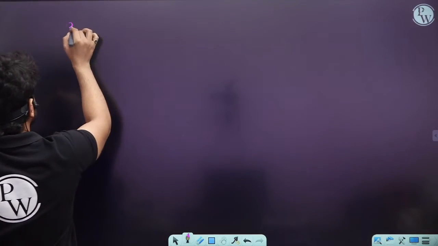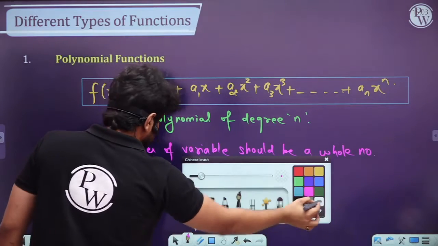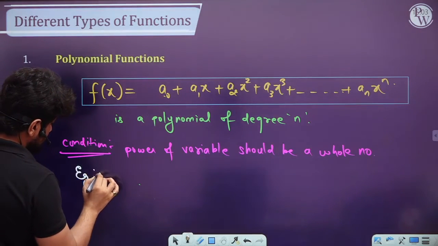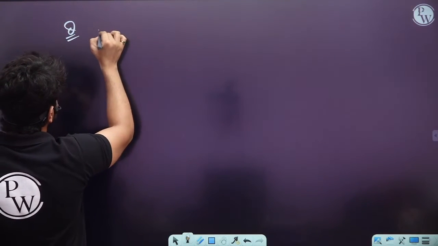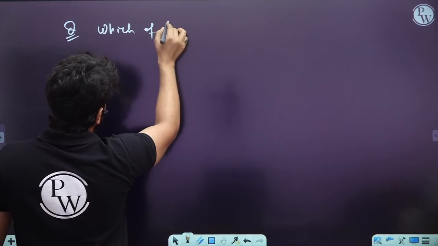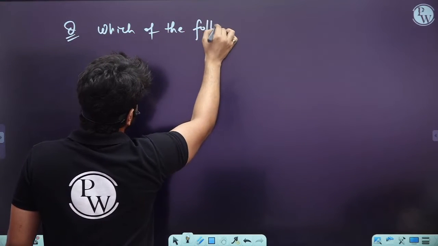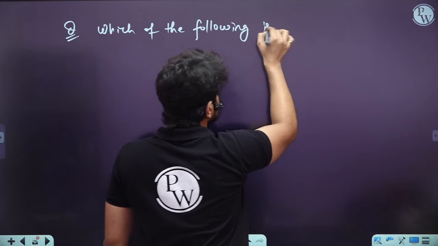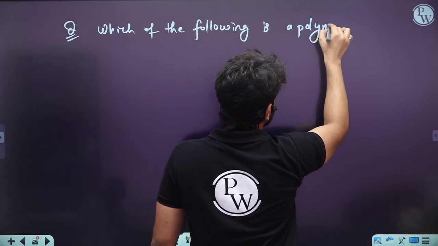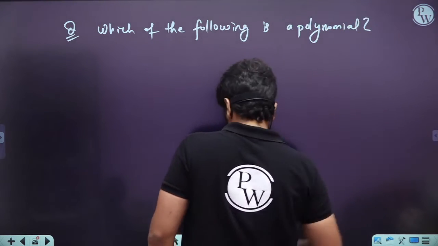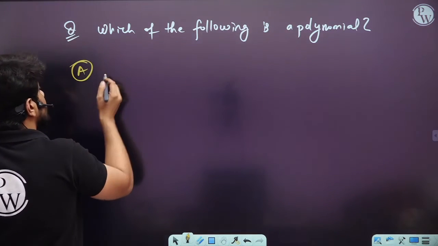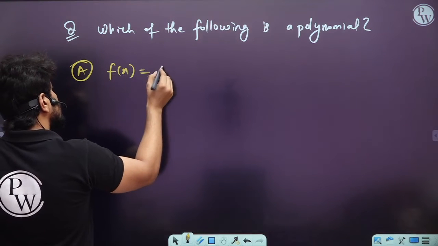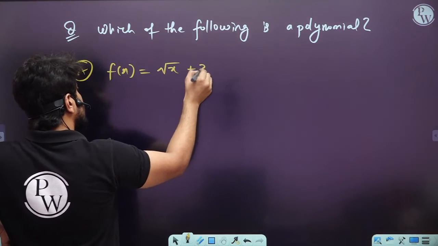Let me show you a few examples of polynomial functions. Which of the following is a polynomial? Example A, f of x is equal to root x plus 3.